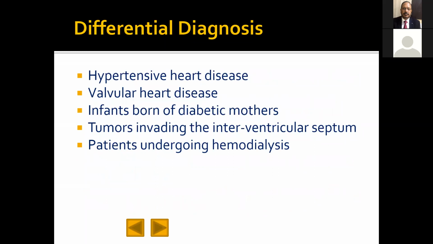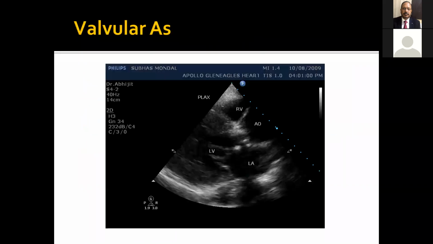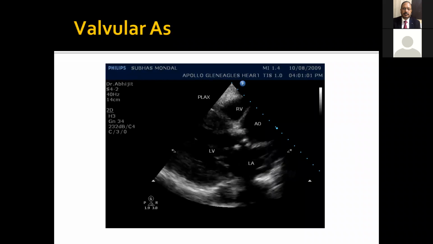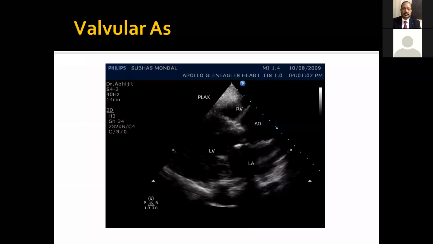Differential diagnosis: hypertensive heart disease, valvular heart disease, infants born of diabetic mothers, tumors invading the interventricular septum, and patients undergoing hemodialysis. This is one of my patients. See, this patient has got a highly calcified aortic valve.